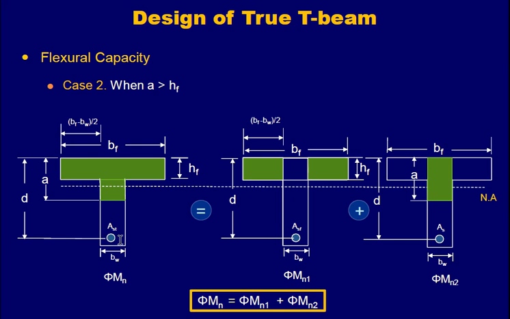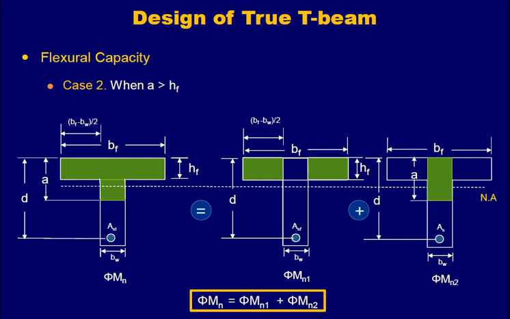Okay, so similarly in this case, there will be two reinforcements. One will be making moment with the compression in flange, and other will be making moment with the compression in the web. So phi Mn1 plus phi Mn2. Okay. So keep in mind that this design is more or less like doubly reinforced beam.